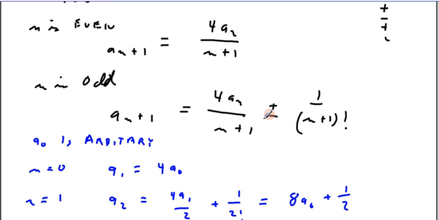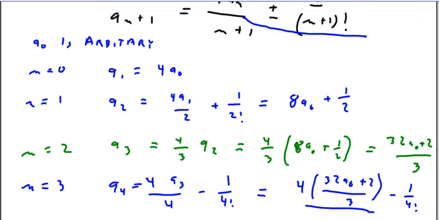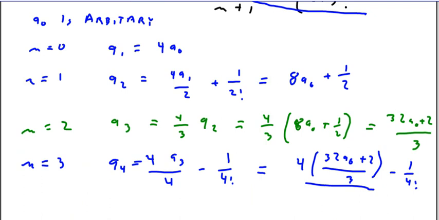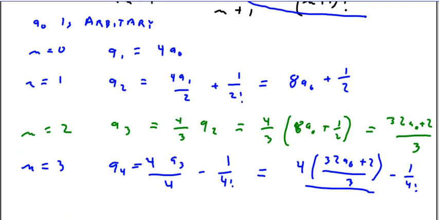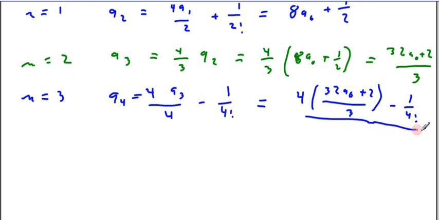No, the recurring formula has to have this on the bottom. Did I put it on the bottom on the first one? Yes, I did. I put parentheses around the whole thing. Okay, so that's good. And where was I? Divided by 4.